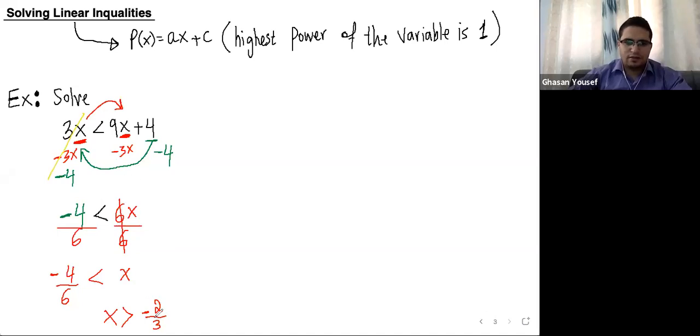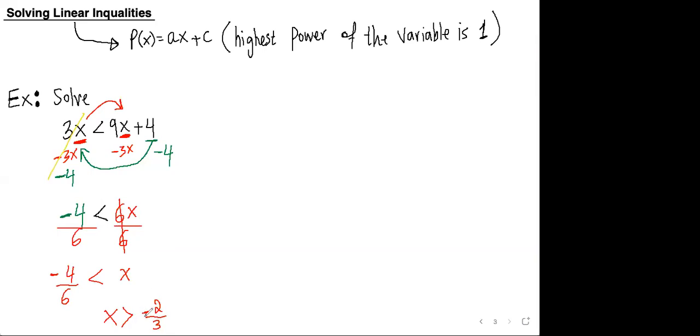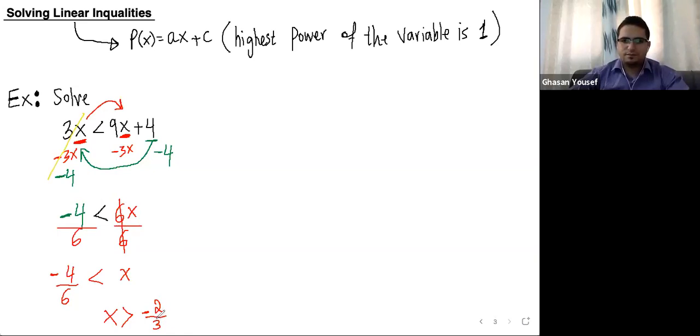Any number greater than minus 2 over 3 satisfies this inequality. Give me a number greater than minus 2 over 3. 0.